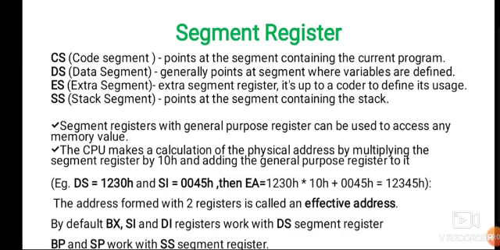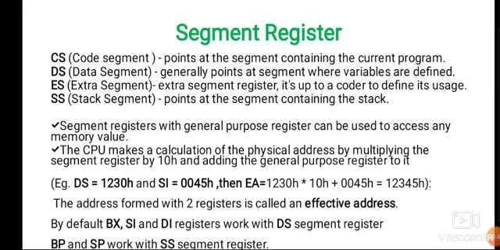For example, if the data segment value is 1230 in hex and the source index has 0045 hex, then the 1230 in the data segment register is multiplied by 10 in hex and added with the content of the source index, which ultimately gives 12345 as the address.